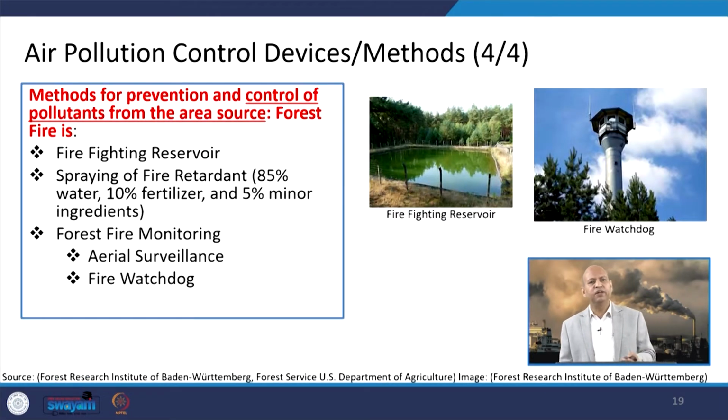If we talk about area source control of forest fires, there are ways like firefighting reservoirs being made, and if fire occurs, this water can be used. Then spraying fire retardants, like 85% water, 10% fertilizer and 5% minor ingredients.